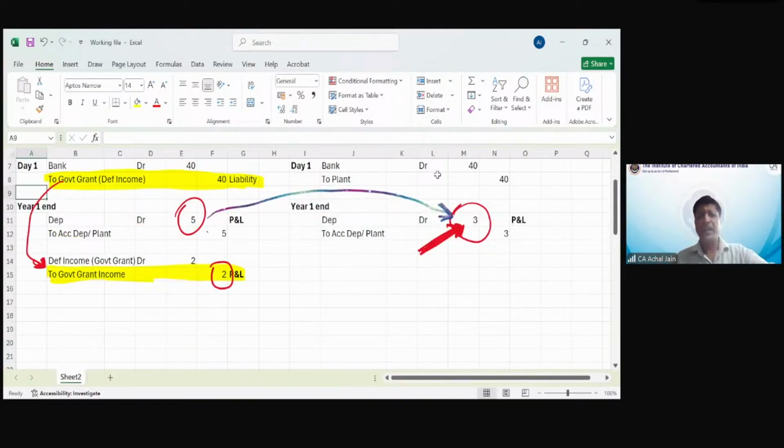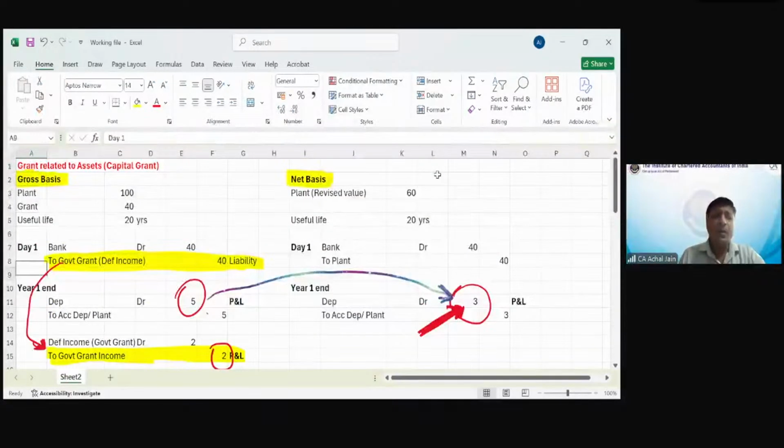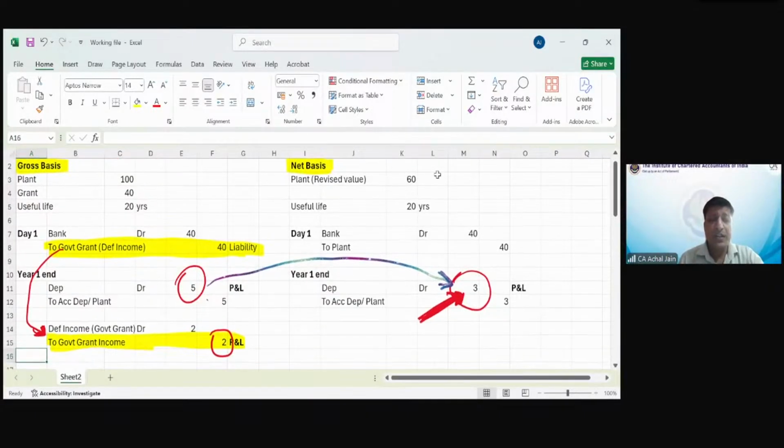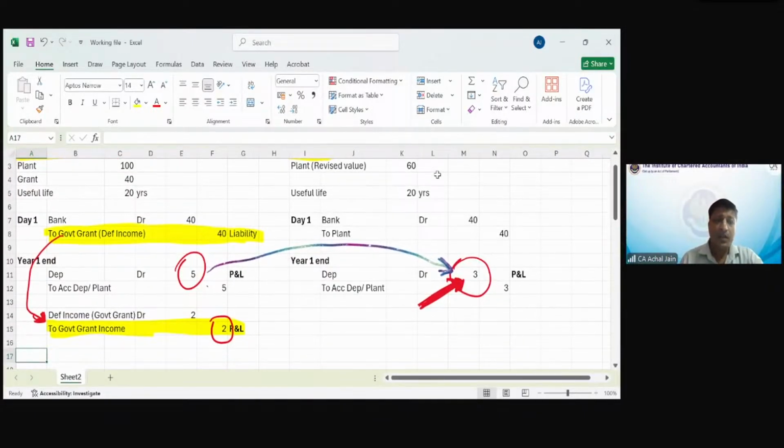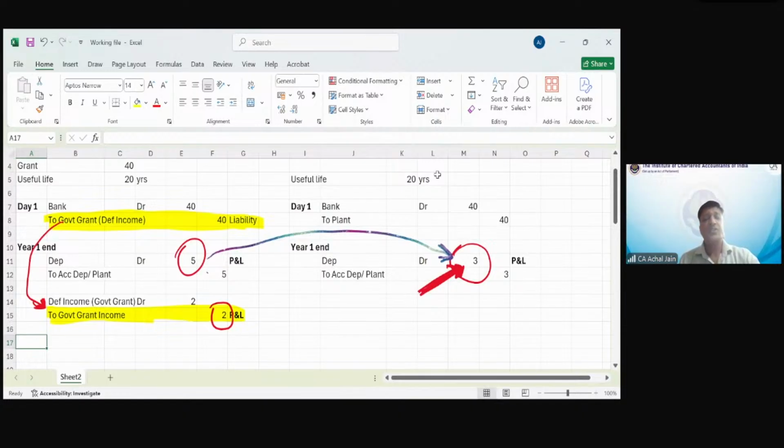So let's pick it up. Say for example, there was a grant related to asset. So initially, what did we do? When the grant was received, we were amortizing it year on year, right? At the end of first year, or you can say at the beginning of year 2, what is the balance of deferred income?